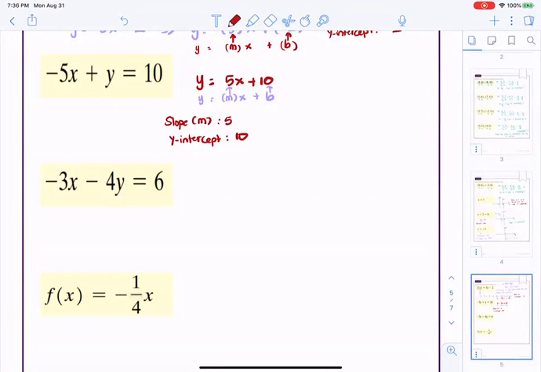So the first step is to move the 3x to the other side. So we have minus 4y equals negative 3x. When it goes to the other side, it becomes positive 3x plus 6. Divide by negative 4 on both sides.